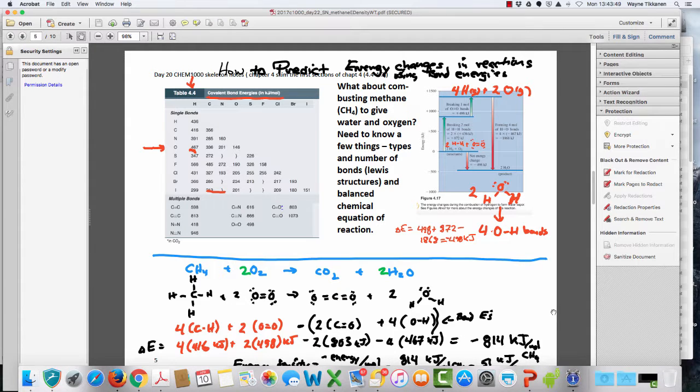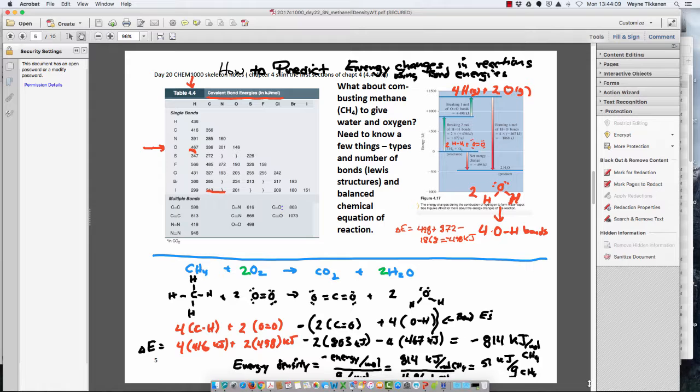Finally, we can compute the energy density. The energy density is equal to minus the energy per mole divided by the grams per mole.